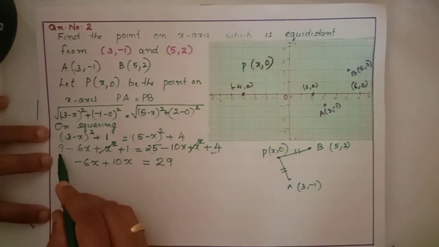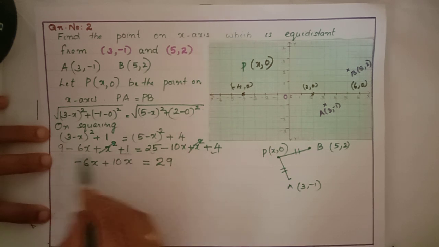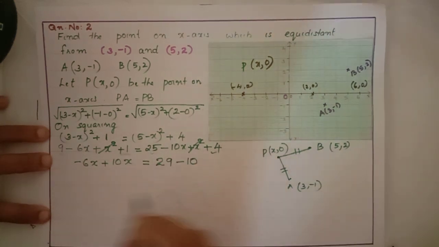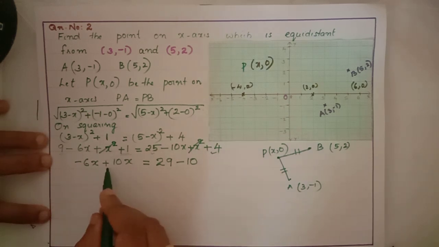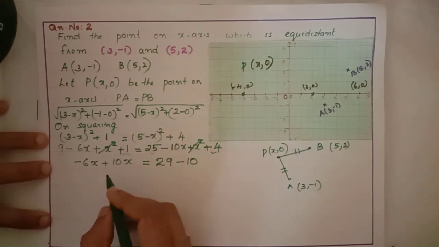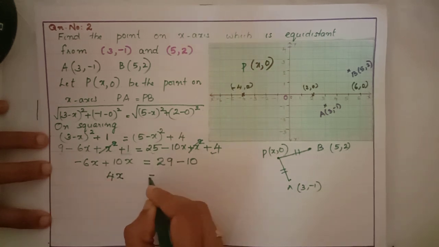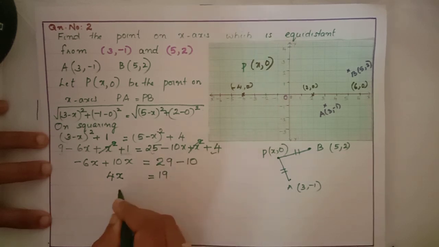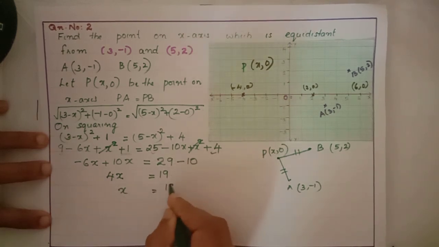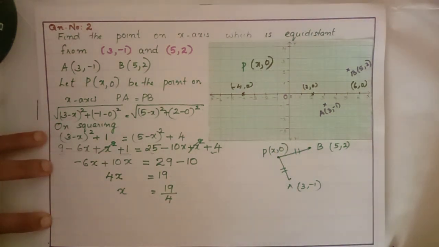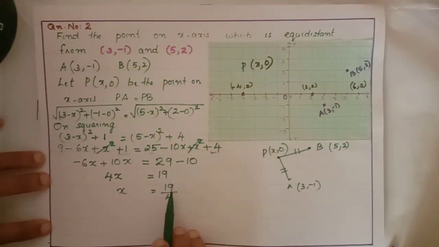Then here we have 9 plus 1, 10, plus 10 will come as minus 10. Okay, so minus 6x plus 10x, what is it? 4x, equal to here 19. So x equal to 19 by 4. Okay children. So we got value of x as 19 by 4.